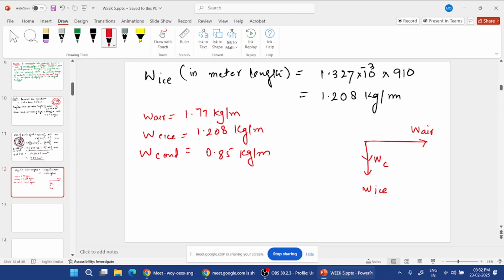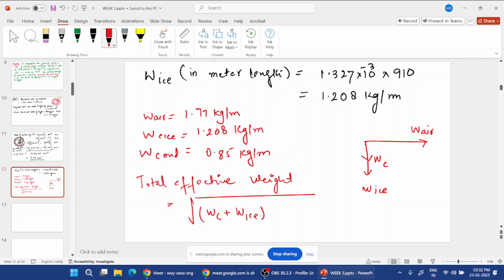Now if we calculate the resultant, the total effective weight, it will be equal to under root of WC plus W ice whole square plus W air whole square.